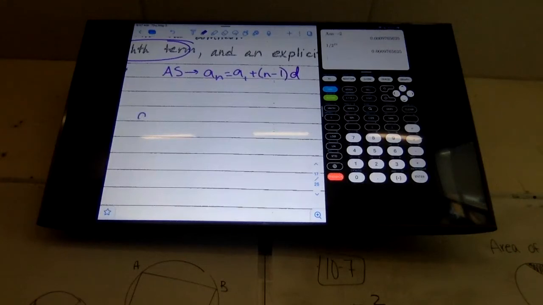I think that's pretty easy. So we'll do a sub n equals, what's your a sub 1? What's your first term? 3, good. Plus n minus 1, we don't know what n is. And what's my difference? -4. It's not minus 4, it's times -4. Everybody's with me? Yeah? Okay.